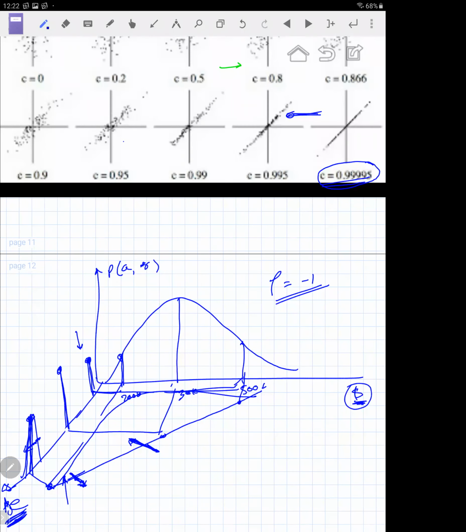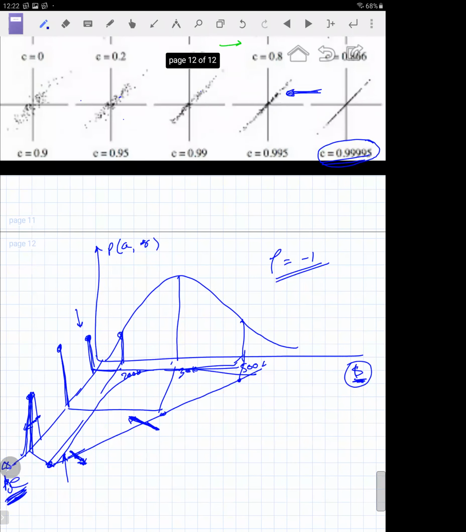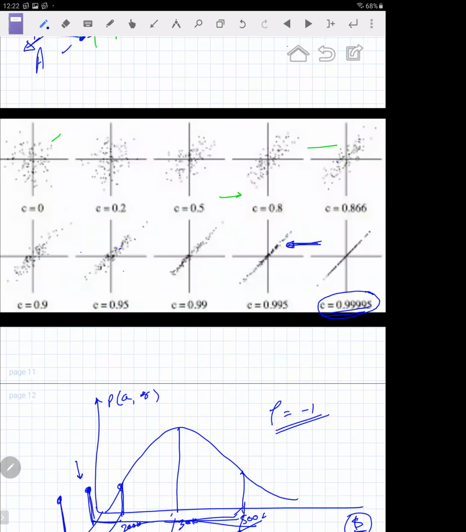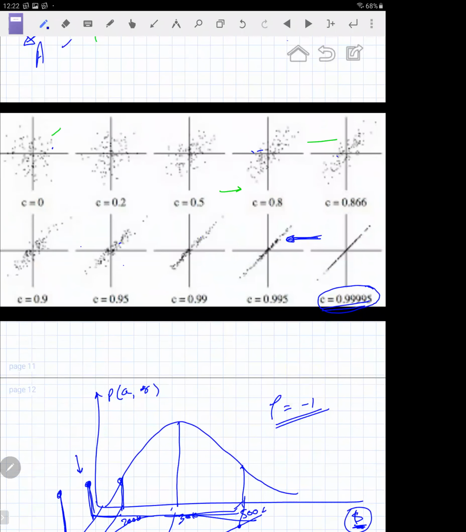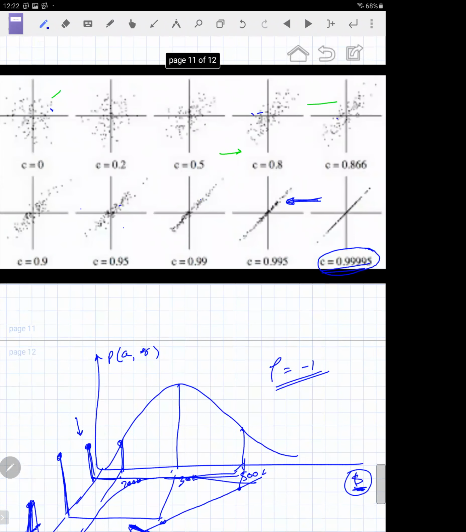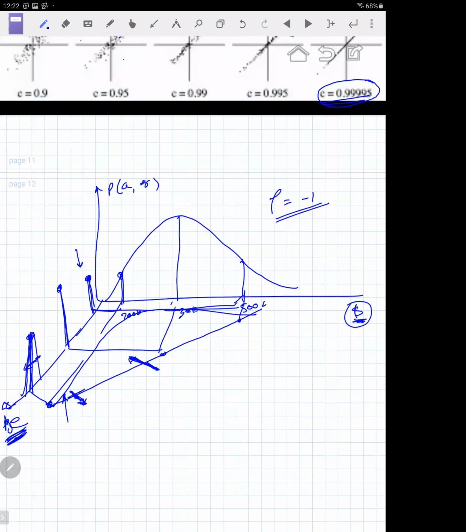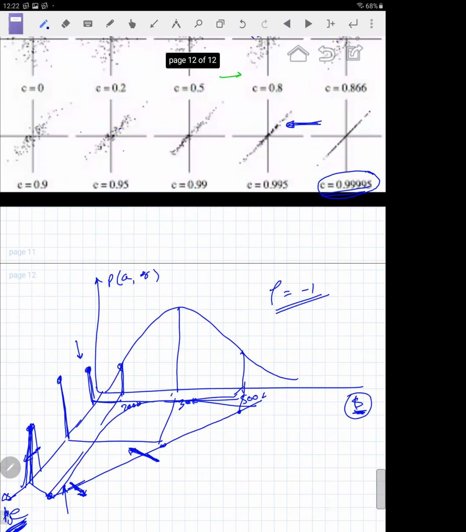So if you move over here, you see that there is more variability in the second variable, and eventually as it approaches a completely uncorrelated distribution, you see that the correlation coefficient is 0 and your distribution becomes this particular distribution. Instead of being narrow, it starts fattening out and eventually it becomes a circle.